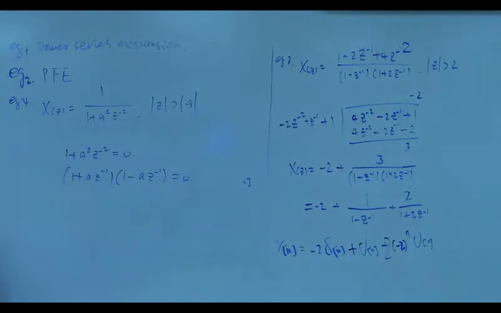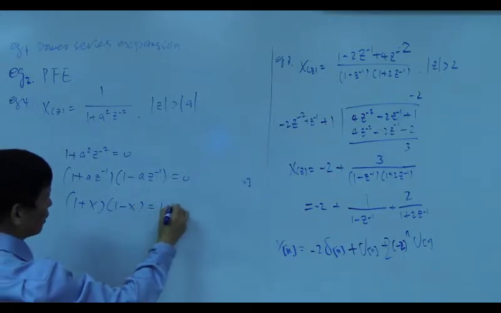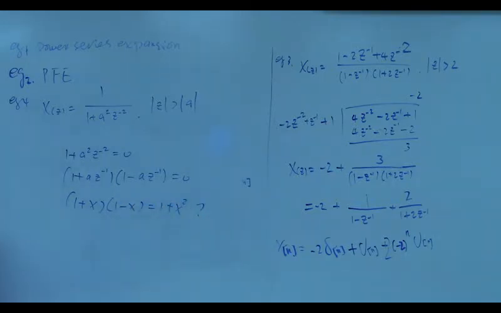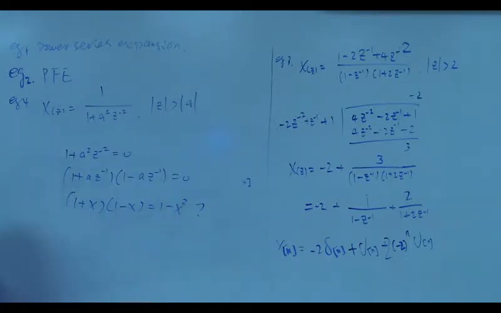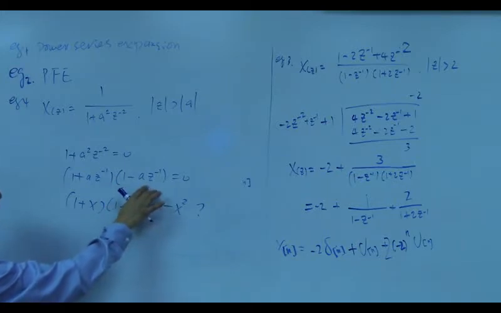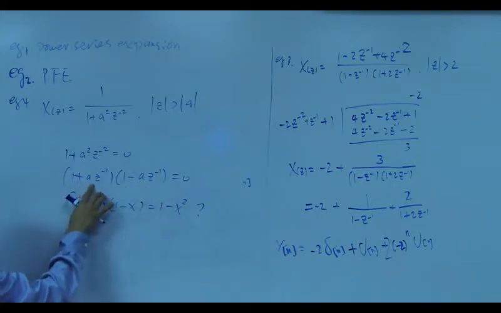Is this correct? Is 1 plus x times 1 minus x equal to 1 plus x squared? Is this correct? No. Okay, 1 plus x times 1 minus x equals 1 minus x squared, not 1 plus x squared. So this one is not true, right? Because 1 plus something times 1 minus something equals 1 minus a squared, not plus.